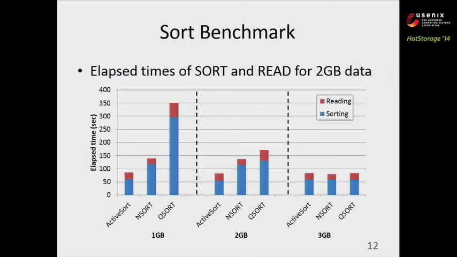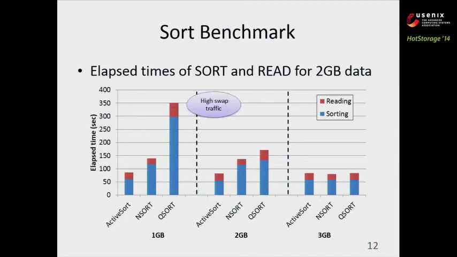For the sort benchmark, we measured the performance of active sort, nsort, and quick sort. Nsort is a famous sorting library using external sorting, and quick sort is the in-memory sorting function of the standard library in Linux. This graph shows the elapsed time to sort and read a 2 GB data set with memory size from 1 GB to 3 GB.